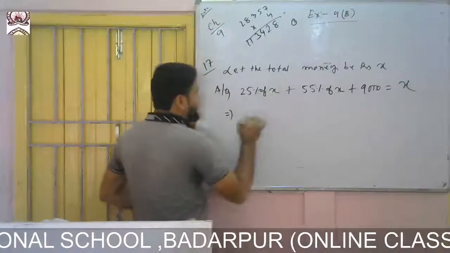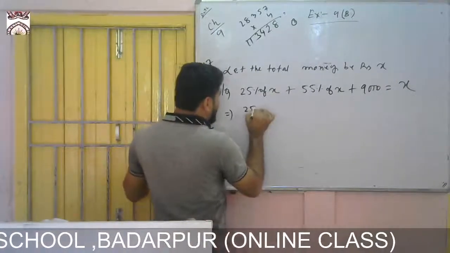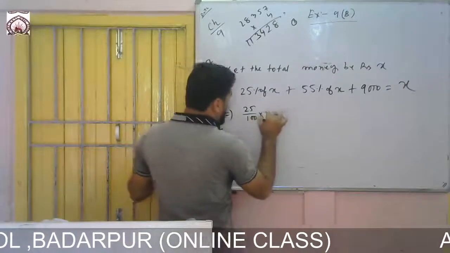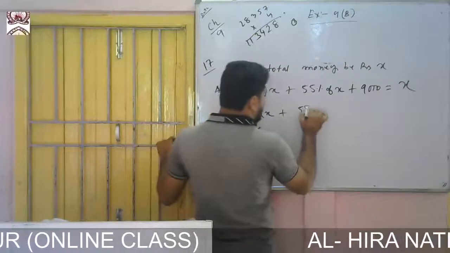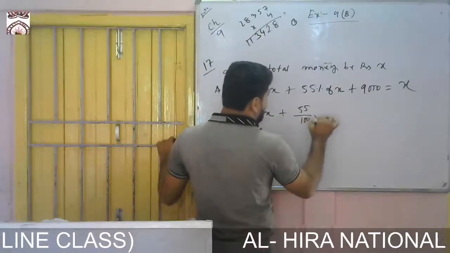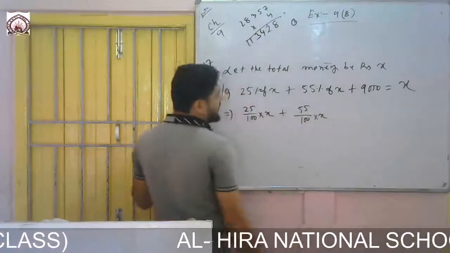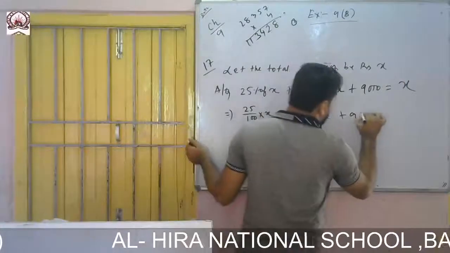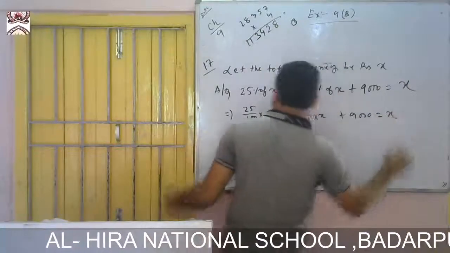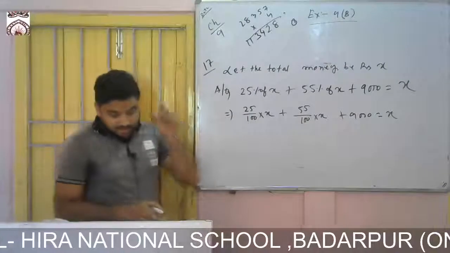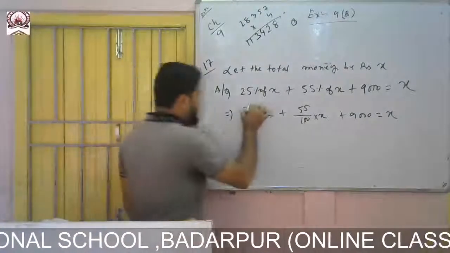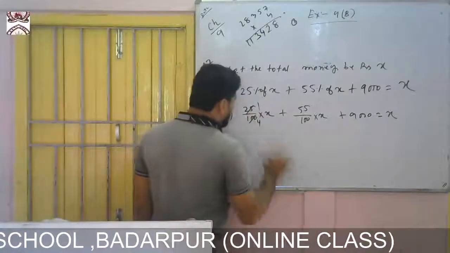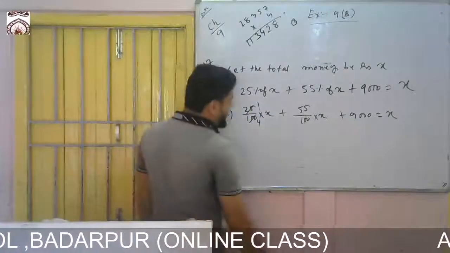So 25 by 100 into X plus 55 by 100 into X plus 9,000 equals X. Now you can cancel: 25 1s are 25, 25 4s are 100.